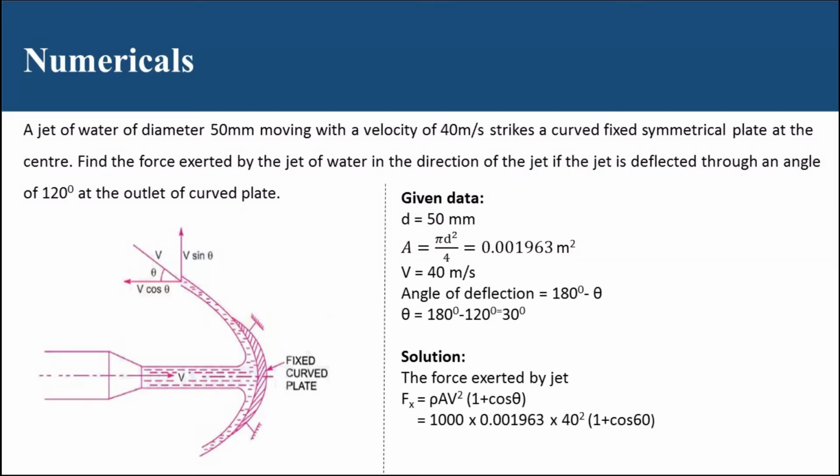So rho is 1000 for water, area we calculated 0.001963 meter square, into the square of 40, which is the velocity, into 1 plus cos of 60 degree. You can solve this and the answer comes out to be 4711.15 Newton. This is the force exerted by the jet in the direction of the jet.